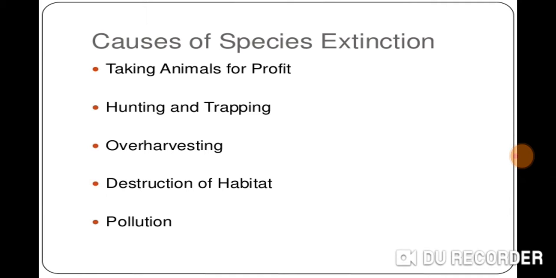Hunting and trapping of certain organisms, or harvesting of a crop, destroying the habitat of certain organisms, creating excessive amounts of pollution are the causes of extinction, of dying out of a specific species from the face of the earth.